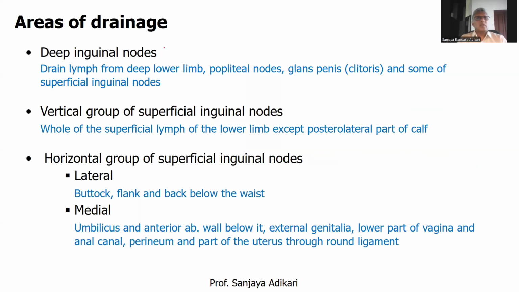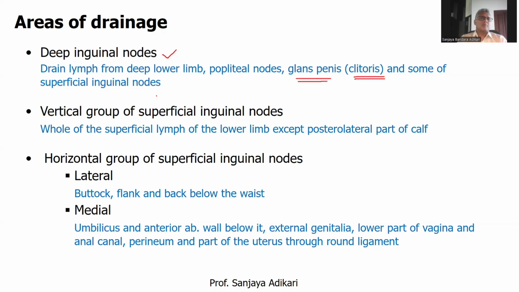So the nodes of Cloquet, I have mentioned it here, starting with C. The deep nodes, the nodes of Cloquet, drain the glans penis in males and the clitoris in females. That's why those nodes are important, the nodes inside the femoral canal.